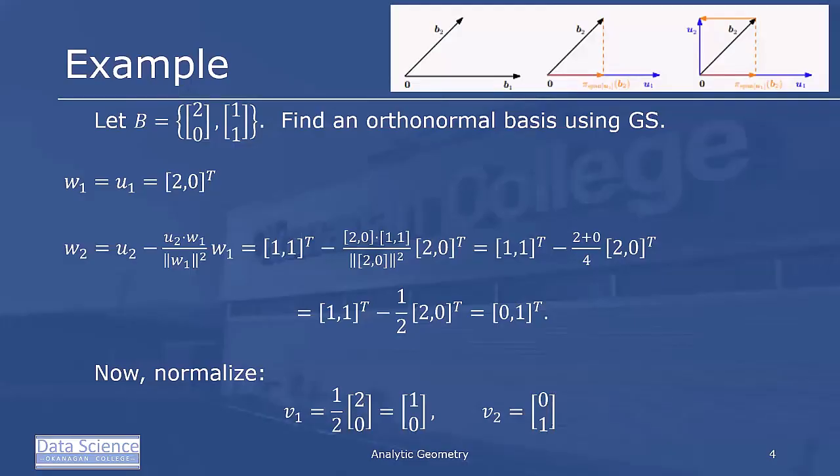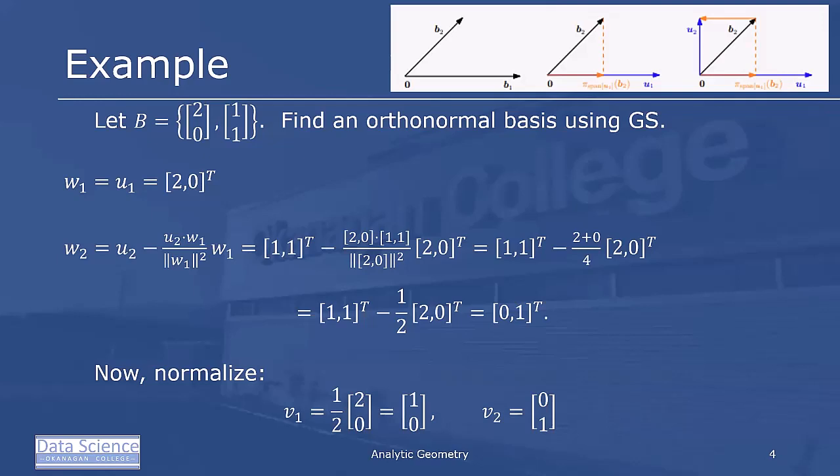Let's walk through an example of the Gram-Schmidt algorithm. We'll let B be the set containing (2, 0) and (1, 1). We pick w1 to be u1, so w1 is the (2, 0) vector. Then we construct w2 to be u2 minus u2 dot w1 over norm of w1 squared times vector w1.